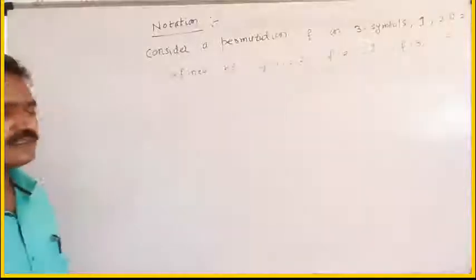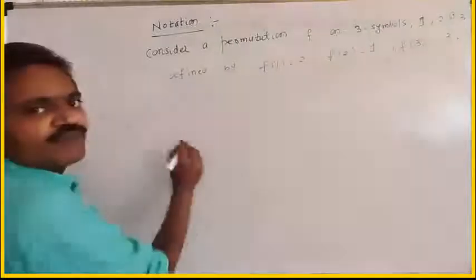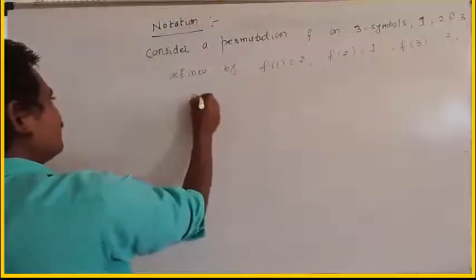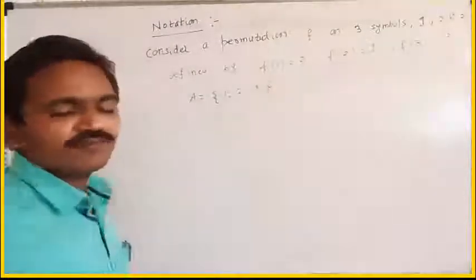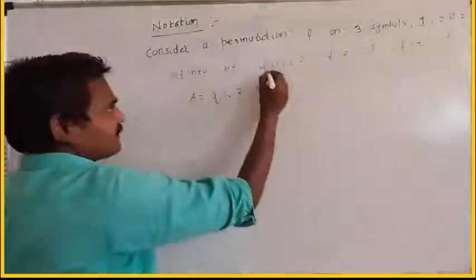So this is a permutation because this is a one-one onto function from the set A equal to {1, 2, 3} to {1, 2, 3}. Clearly this is a one-one onto function.